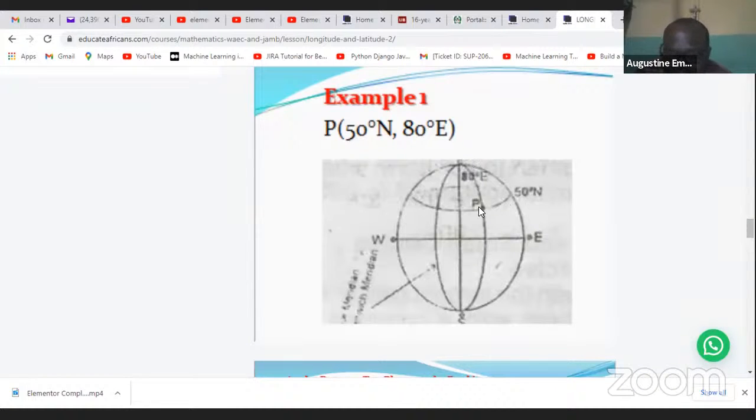So at this point is 50. Whereas this one is 0 here. As it goes, it gets up to the half, the other side, which is 180. But here now is 80. So the point of intersection between this vertical, which is 80, and this horizontal, which is 50, is this very point. Okay, let's keep moving forward.